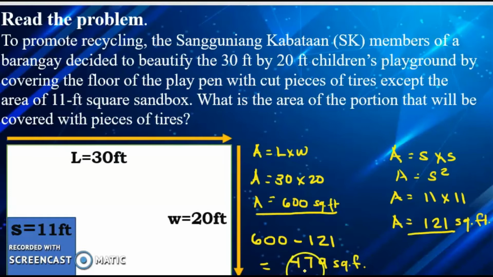So, ito yung area that will be covered with pieces of tires. Okay? So, sa madaling salita, sinolve natin yung buong rectangle and then minus yung blue part, which is the sandbox. So, nakuha natin tong buong area na to. Okay?